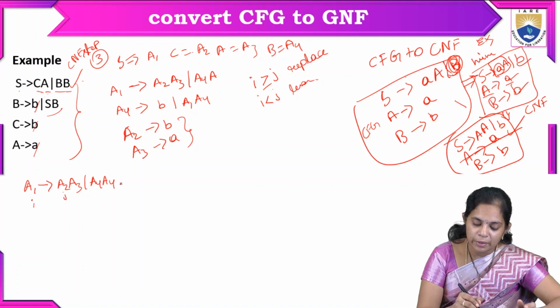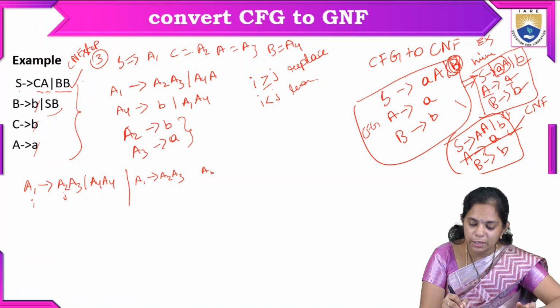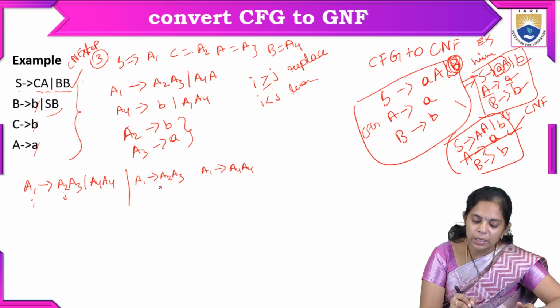So I will write it as A1 tends to A2, A3 one time and A1 tends to A4 one time. So here A1 tends to, I less than j. So these two conditions are satisfied. So I less than j, so I will write it as A1 tends to A2, A3. So I am not going to change these values for now.